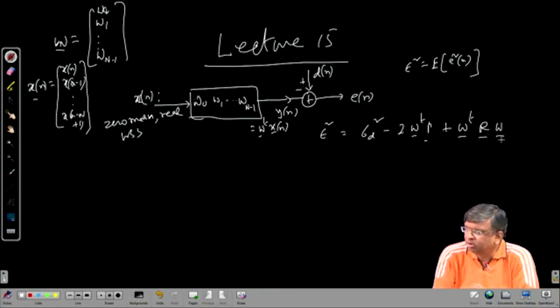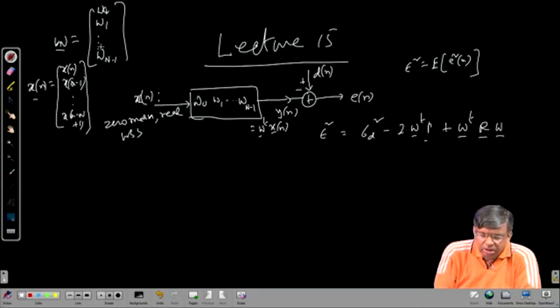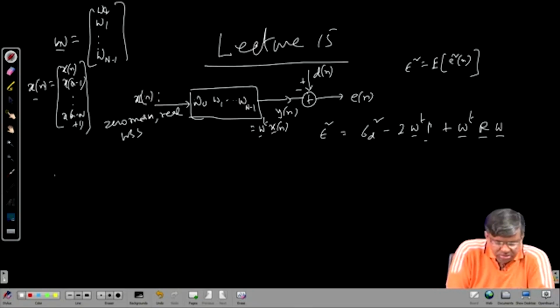Okay, together this is a second order thing, and if we minimize, if we take the partial derivative equal to 0 with respect to each of the weights, then we get N equations, because N derivatives, and second order stuff when differentiated will give rise to first order equations. So, we get N first order equations, we solve them and find out the optimal one. This is what we are doing. R was defined yesterday, it is the input autocorrelation matrix.